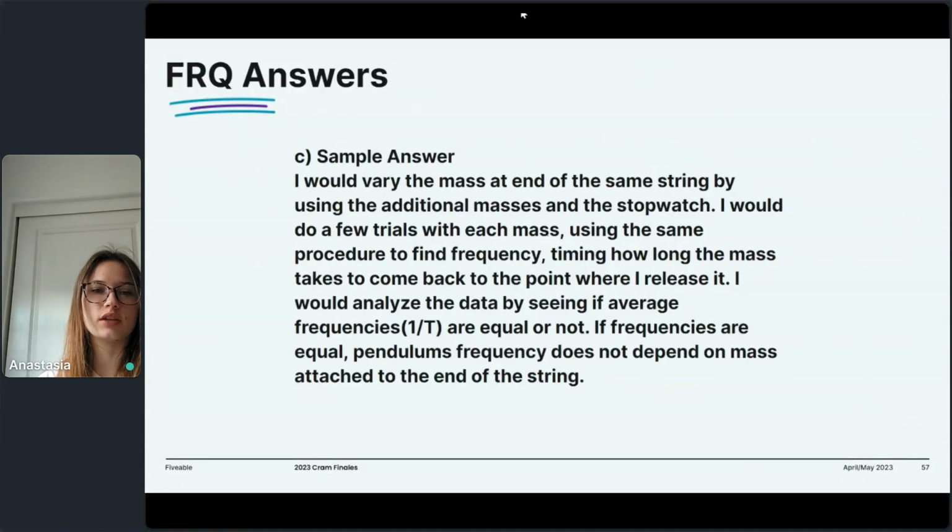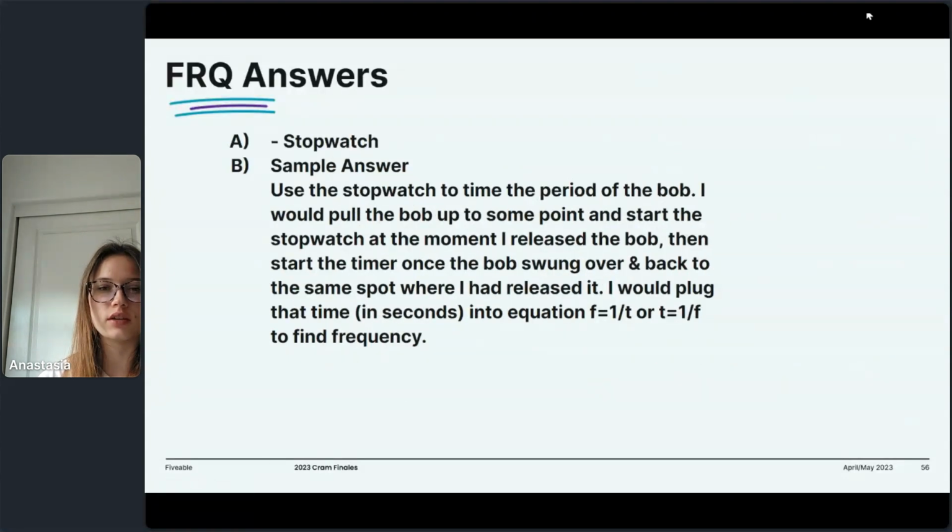So a sample answer, oh wait, can we go back to B? Yes. For B, we're going to use a stopwatch to time the period of the bob. I would pull the bob up to some point and start the stopwatch at the moment I release the bob. Then stop the timer once the bob swung back to the same spot where I had released it.